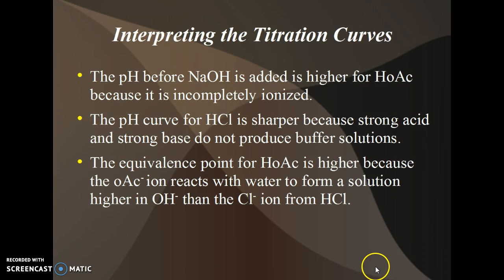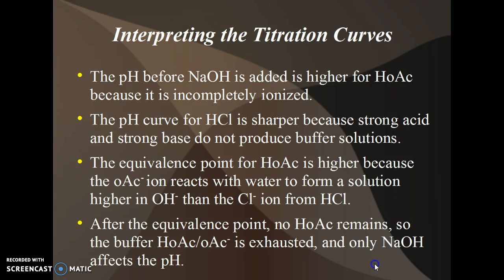The chloride will not react with water to form hydrogen chloride because that's 100% dissociated. And after the equivalence point, there's no acetic acid remaining, so there's no more buffer between the acetic acid and the acetate ion. Only sodium hydroxide then is around to affect the pH.